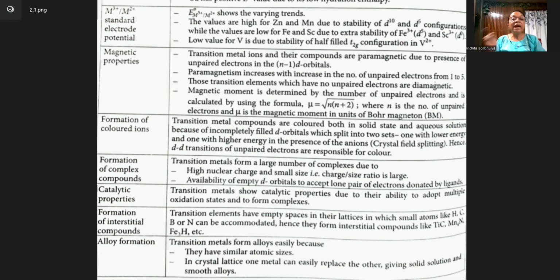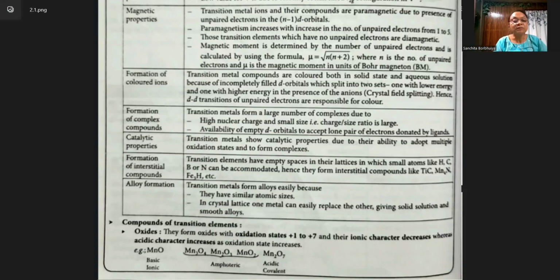The last property, alloy formation. Because transition metals have similar atomic sizes, they have a tendency to form alloys. In one lattice position, one metal could replace the other metal. So it gives a smooth solid solution, and hence alloying happens in transition metals.